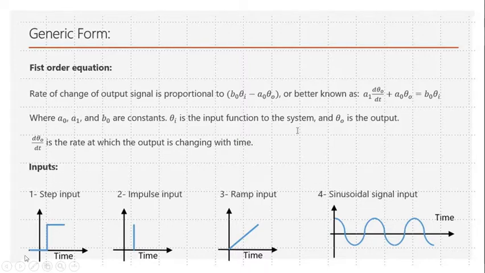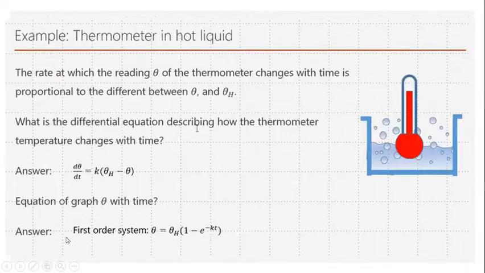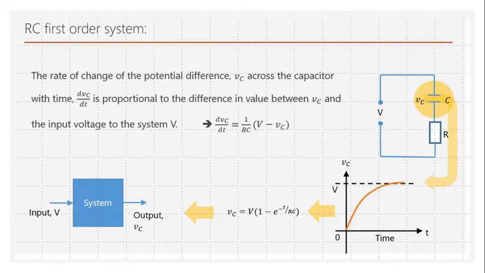So this input is very common. In this example, the thermometer was not gradually moved or coming close to the liquid. No, it was all of a sudden put inside the liquid. Or in this case, again, the voltage was given to the circuit all of a sudden by pushing a switch, or turning on a voltage supply or something like that.